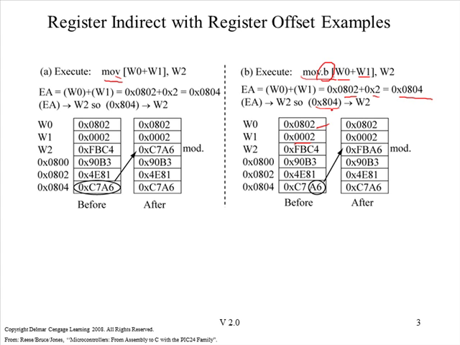So grab the byte stored at 804, which is going to be this least significant byte here of 804, A6, and copy that to the least significant byte of W2. So our final value of W2 will be FBA6. Notice that this effective address calculation was not affected by the .byte operation. This effective address calculation is the same as it was for the word operation.